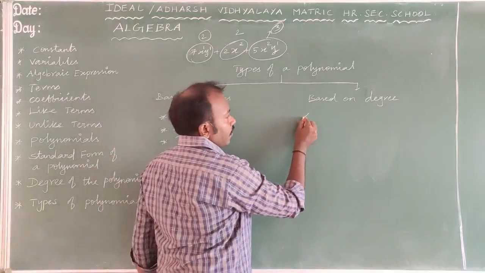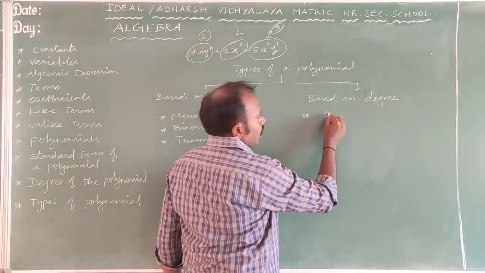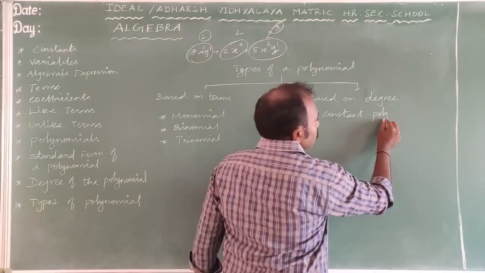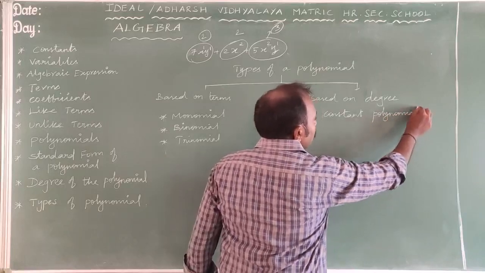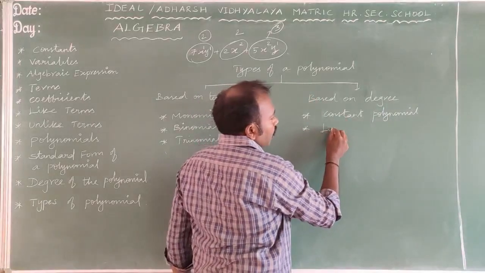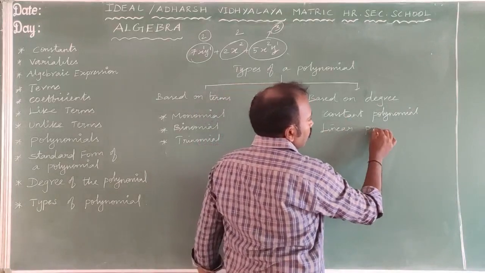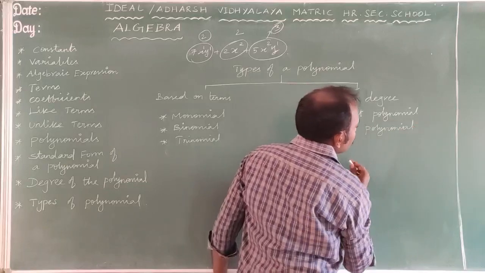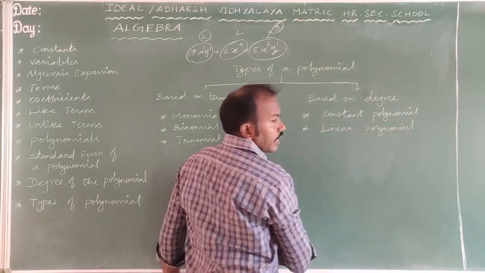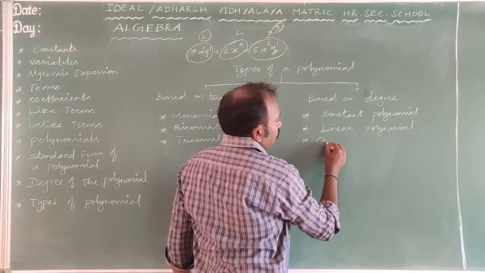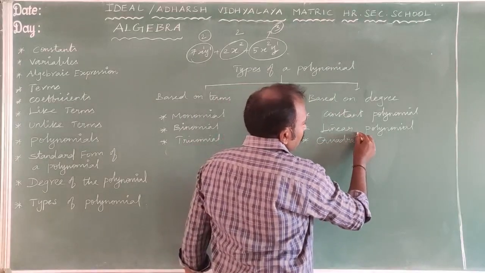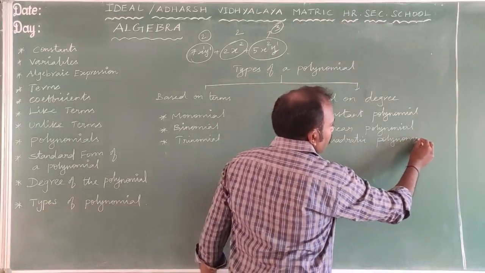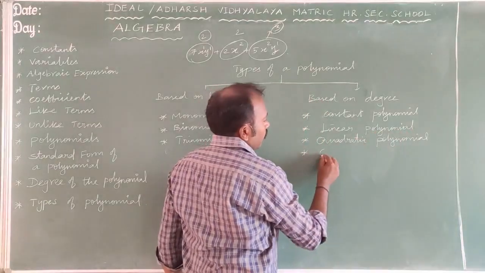Then based on degree, we have constant polynomial, linear polynomial, quadratic polynomial, and cubic polynomial.